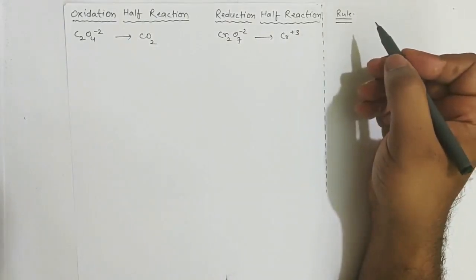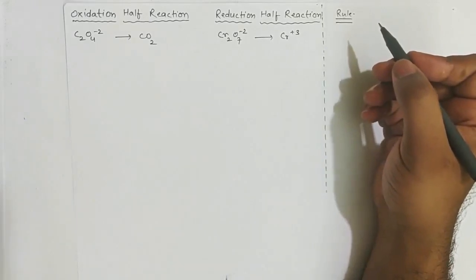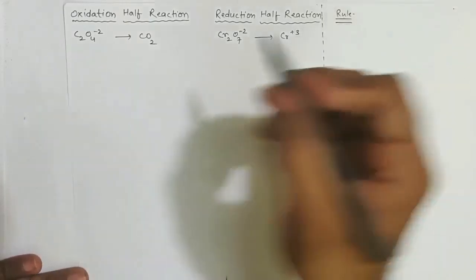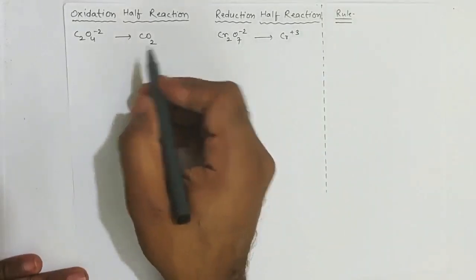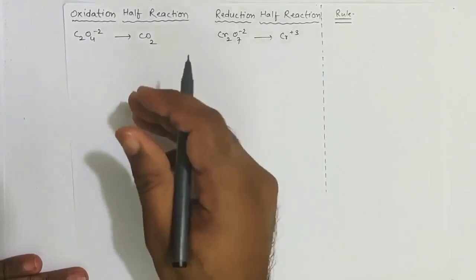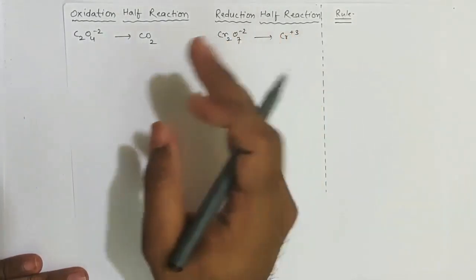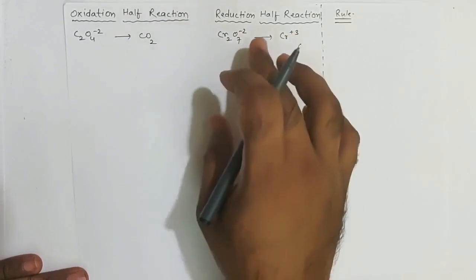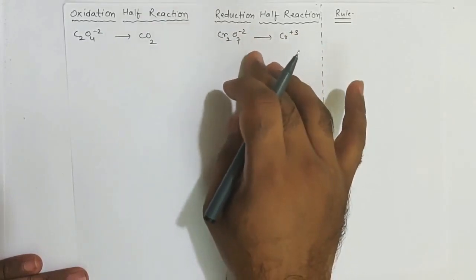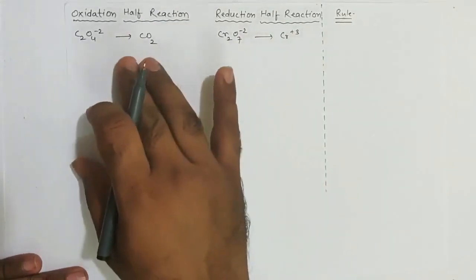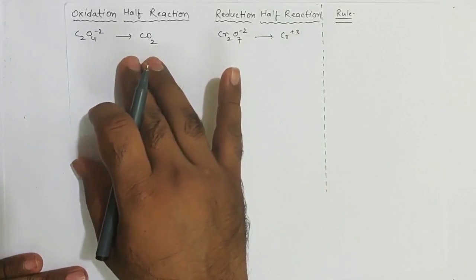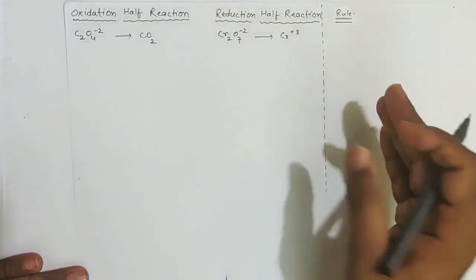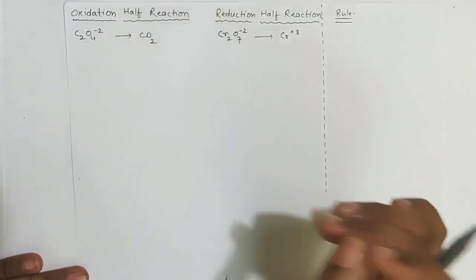So now let's start balancing. First, let's balance the oxidation half reaction. Students, it's all up to you. You can balance either reaction depending upon your choice. You can balance the reduction half reaction first, or you can balance the oxidation half reaction first. As I have said earlier, the rules are the same for both half reactions.